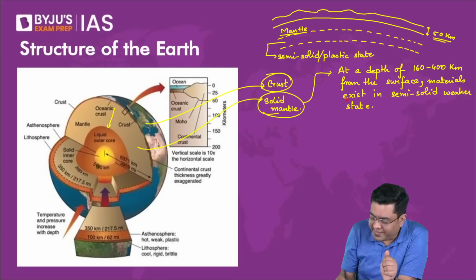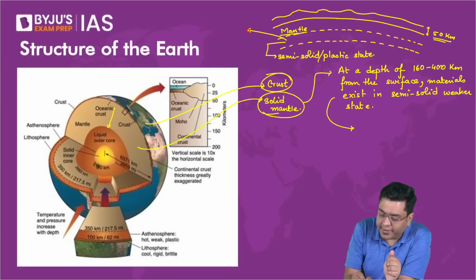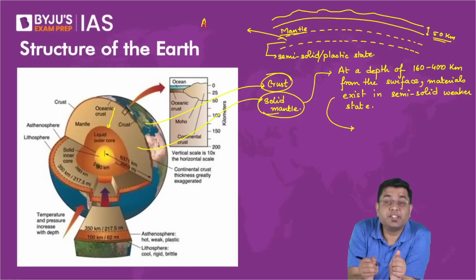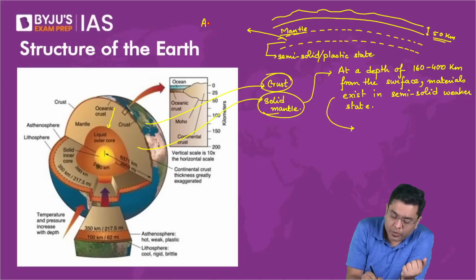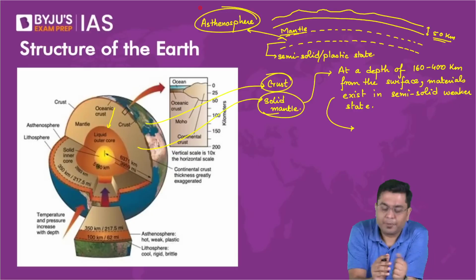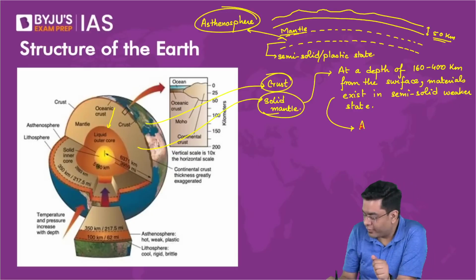This is a layer which is referred to as the asthenosphere. It is derived from the term astheno, which means something which is weak. So that is where you have the asthenosphere.